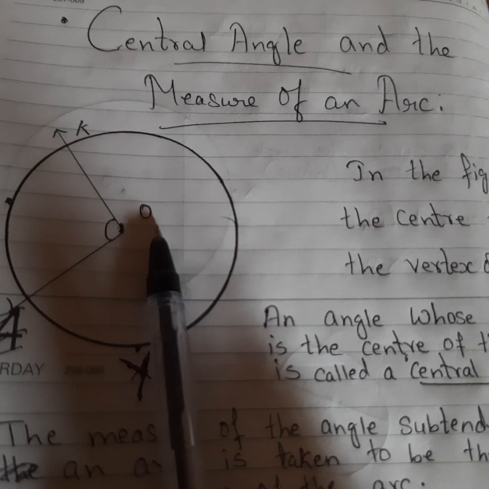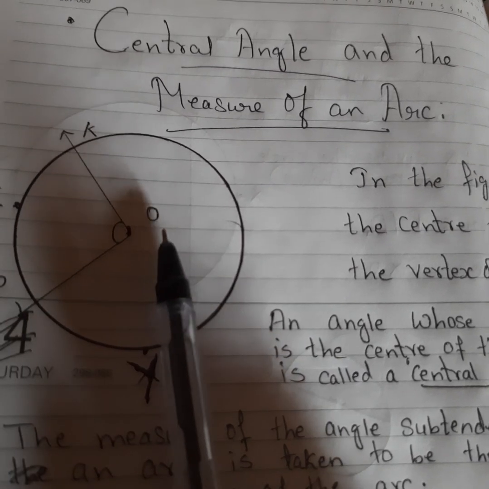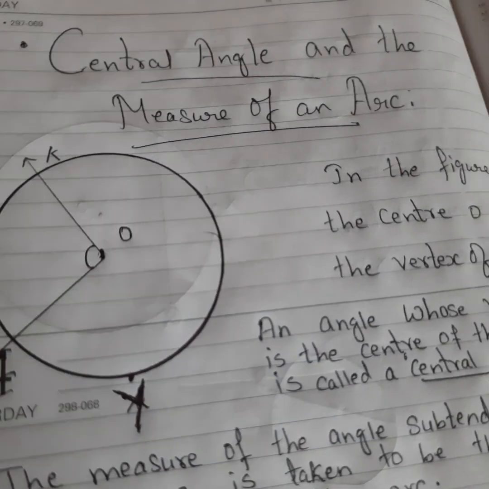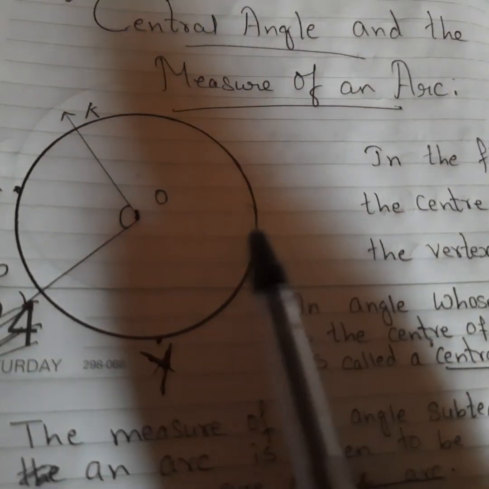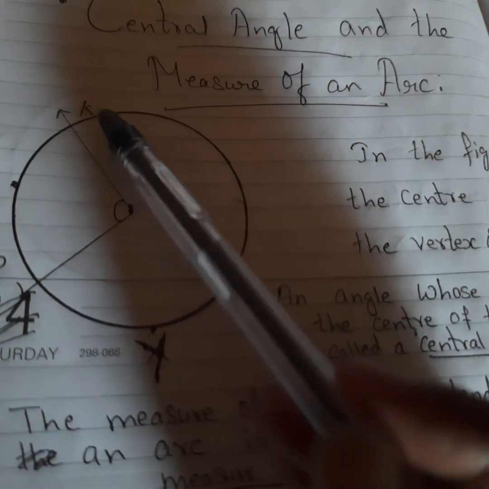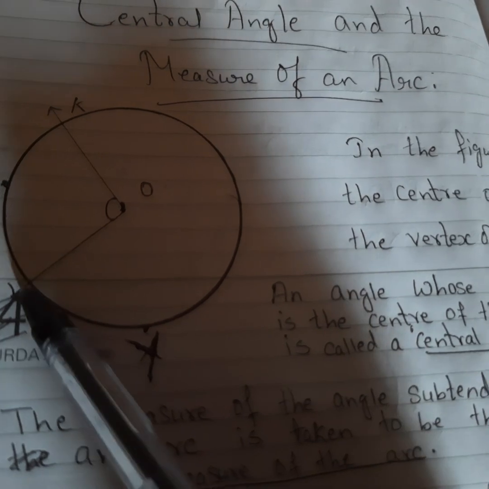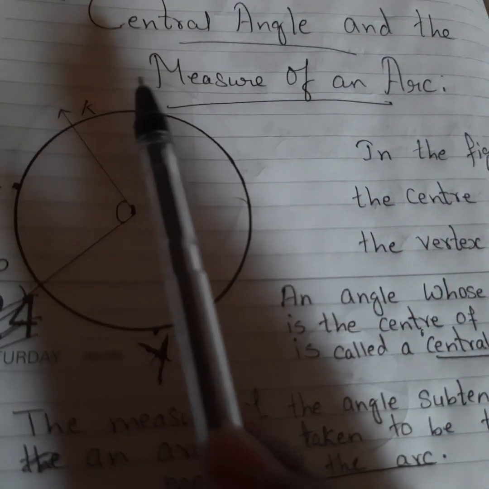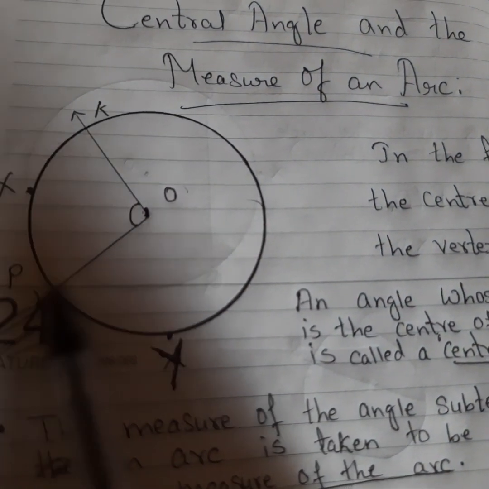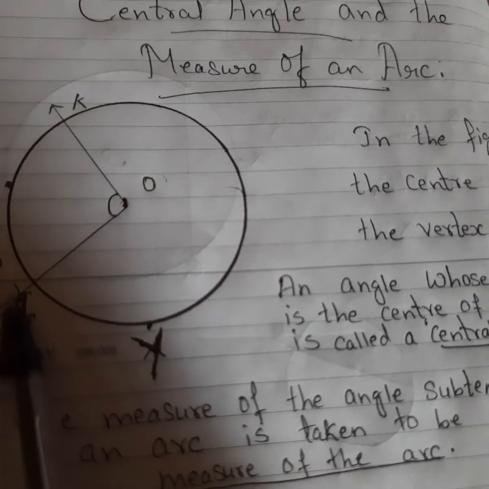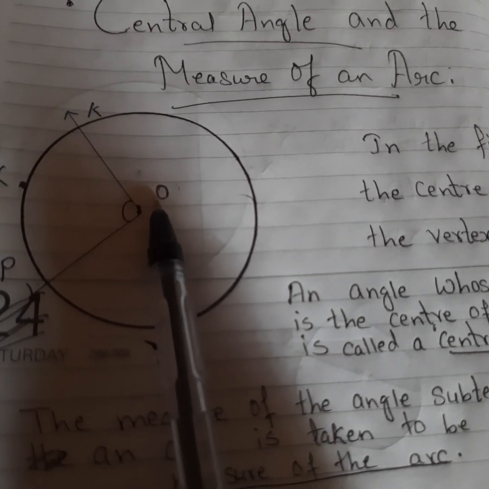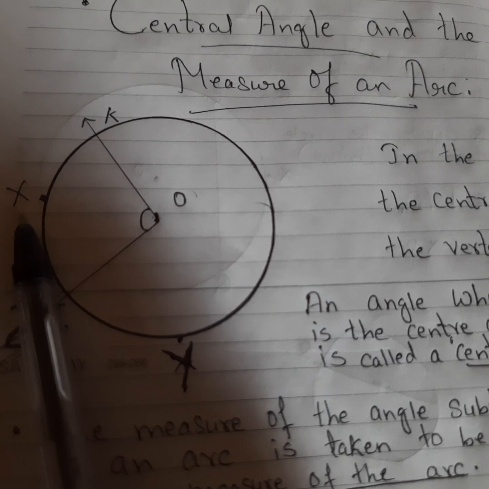So central angle and the measure of an arc. You can see the center O is the vertex of the angle formed, that is KOP. This is K, this is P, children. So you can see this angle, and this is the center O, and here you can see a letter X is marked.